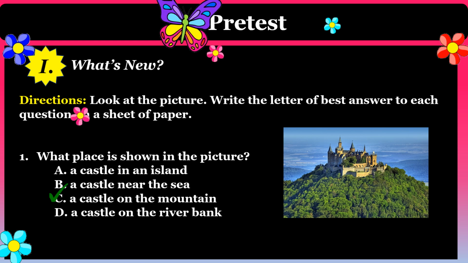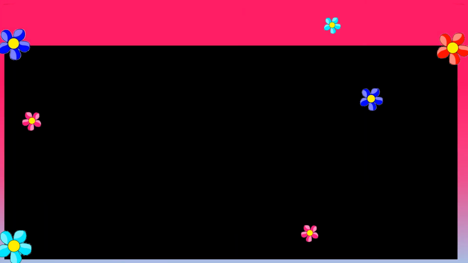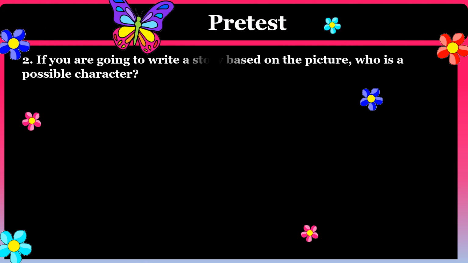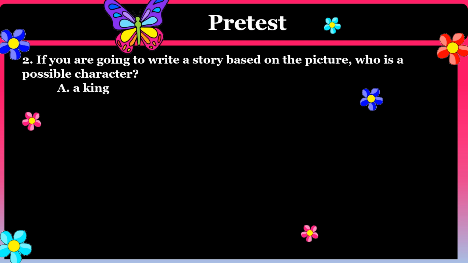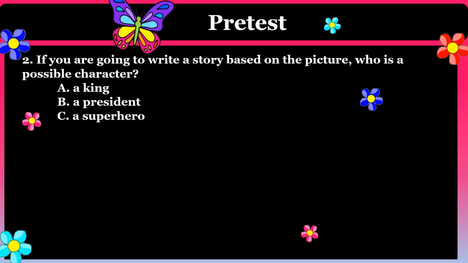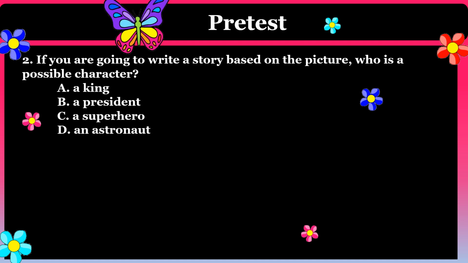Let's go to number 2. If you are going to write a story based on the picture, who is the possible character? So, what is your answer? Of course, a king. Very good.